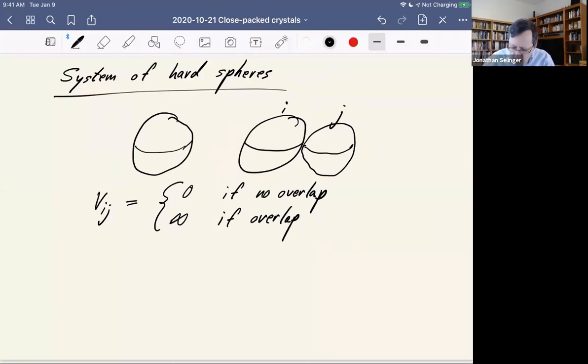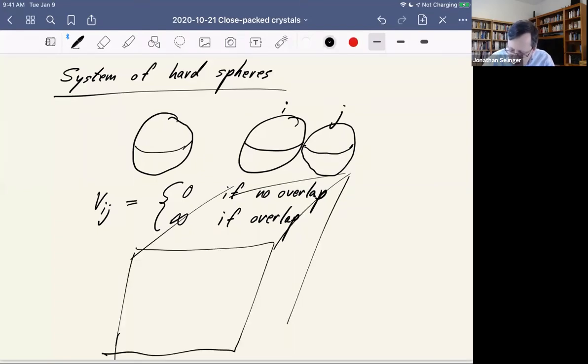Okay, so here I have a box. I cram a lot of spheres in this box. Then the question is, what kind of phase do we get of spheres in the box?